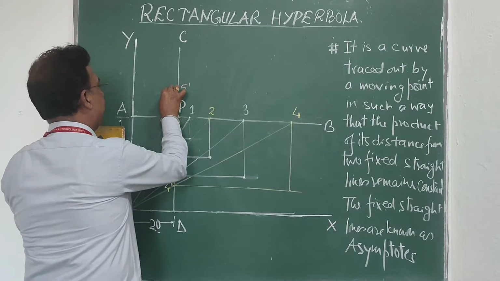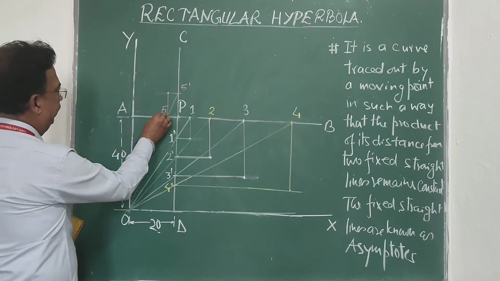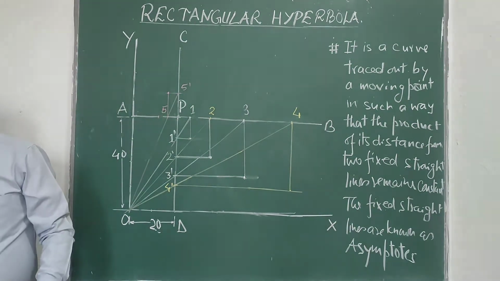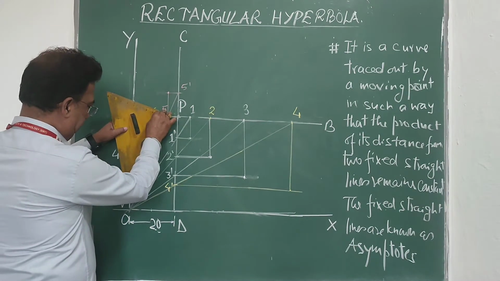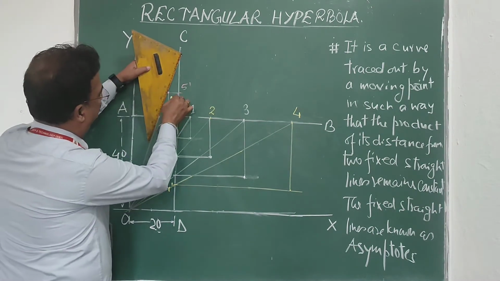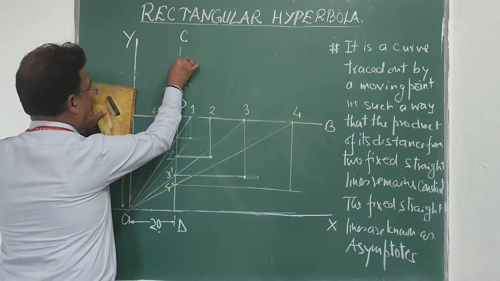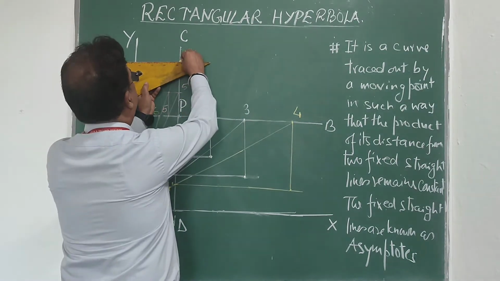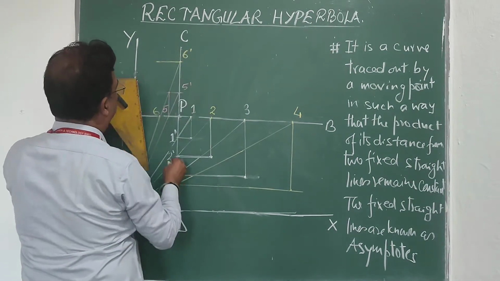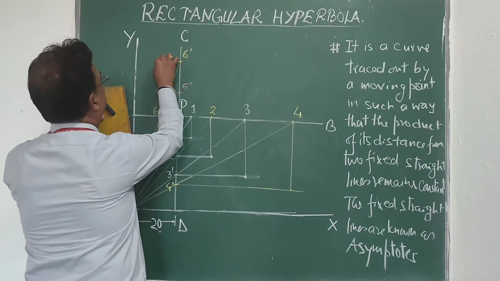The intersection will be again a point on the curve. If you want, we will take one more point. Suppose this point will be point 6. Now again join this 6 with O, extend it upside, that is going to meet the point 6 dash on this CD line. From 6 dash draw a line parallel to OX, from 6 draw a line parallel to OY.